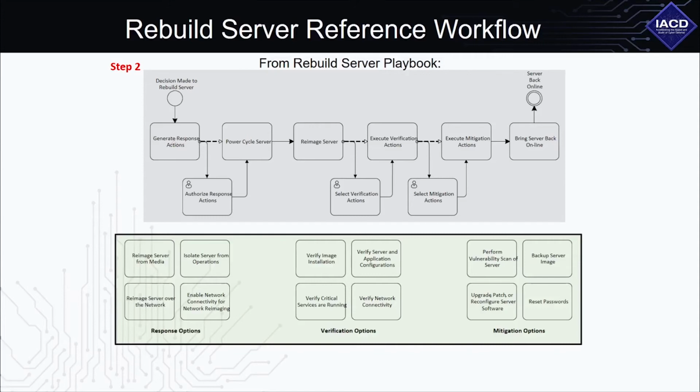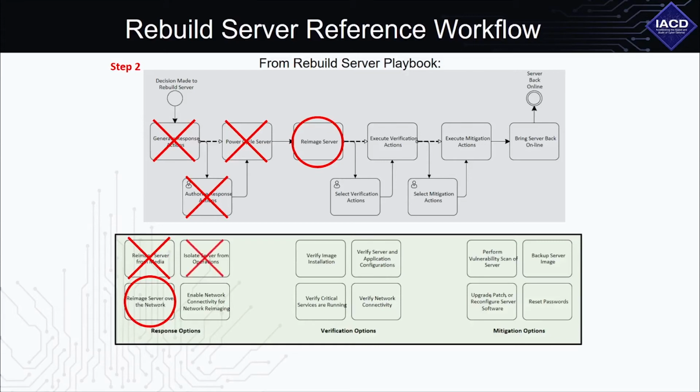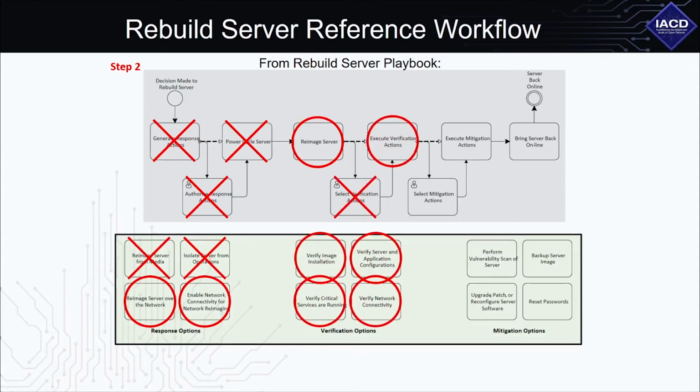In this case, starting from the Rebuild Server playbook, the organization does server re-imaging over the network. They do not isolate the server, but they do have to enable network connectivity to allow the re-imaging server to push the image to the server that is being rebuilt.